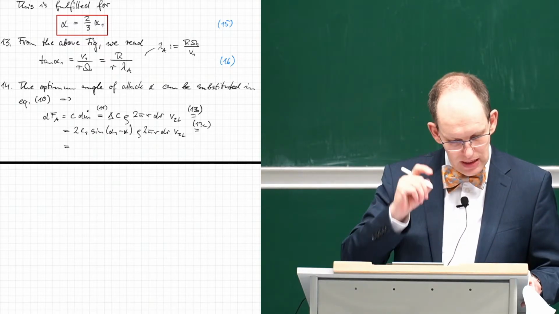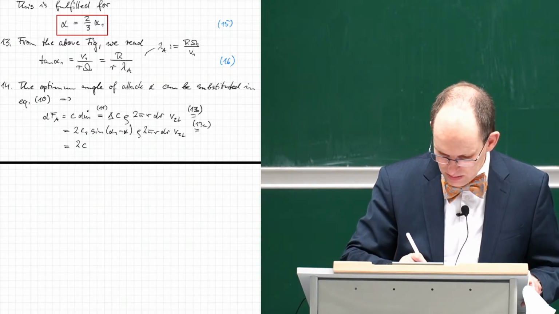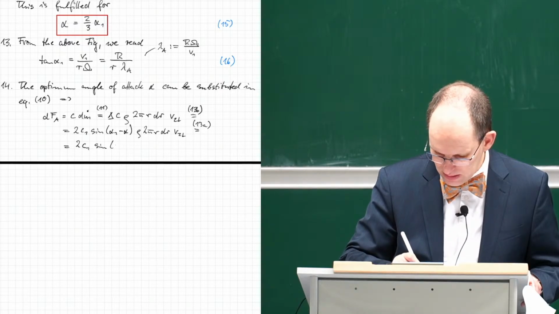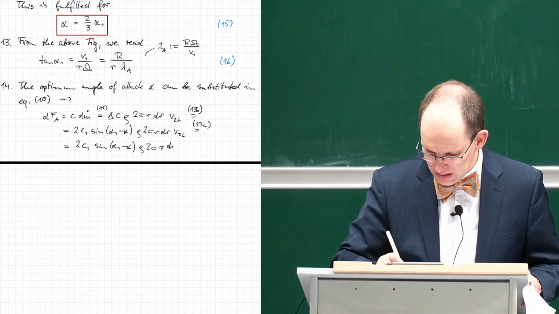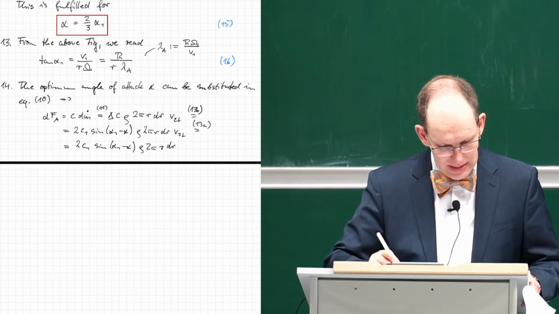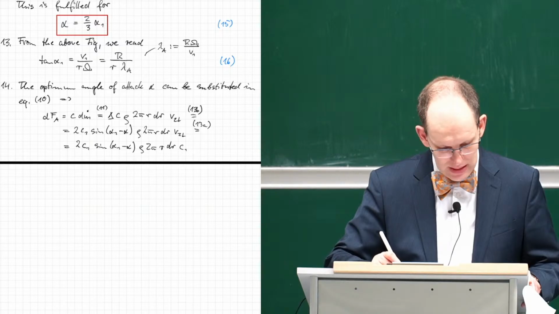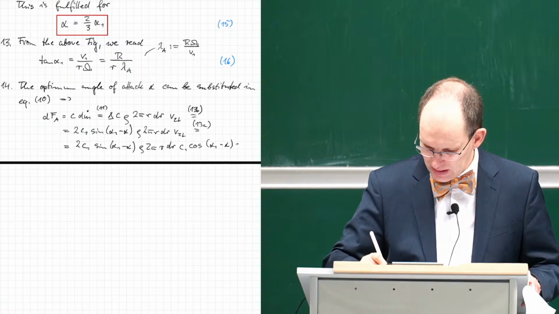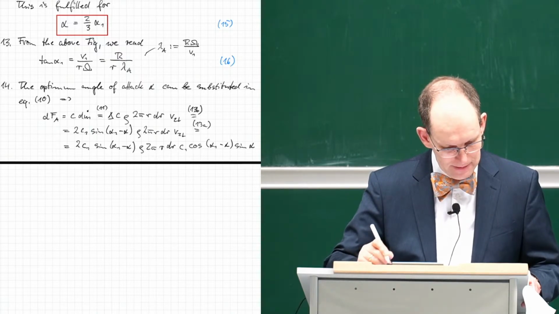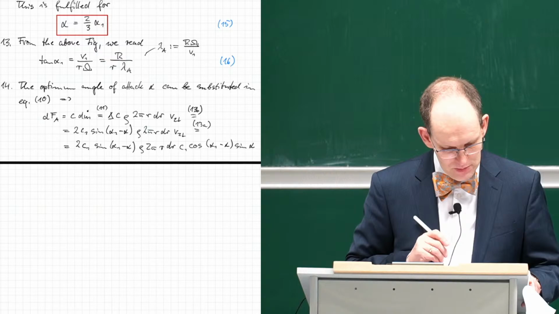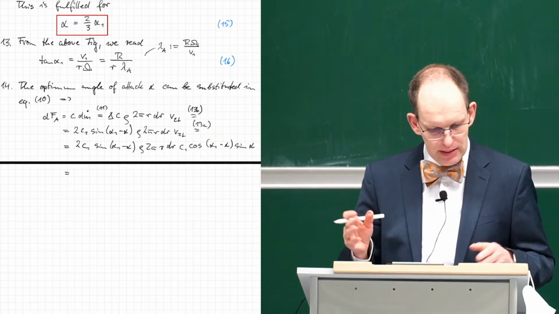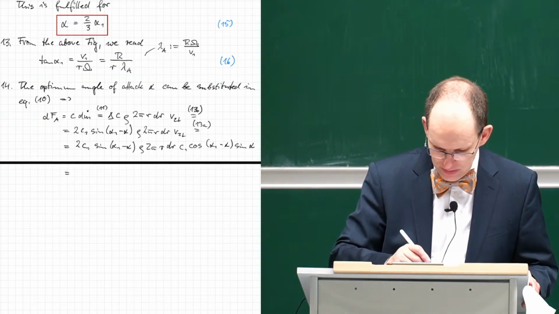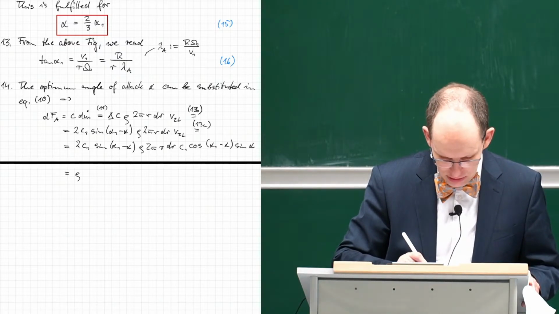So everything else is just copied. 2 times C1 times sine of alpha 1 minus alpha times rho times 2 pi times r times dr. And now C1 times the cosine of alpha 1 minus alpha times the sine of alpha. And now we can collect a few of these factors and rearrange it a little bit.